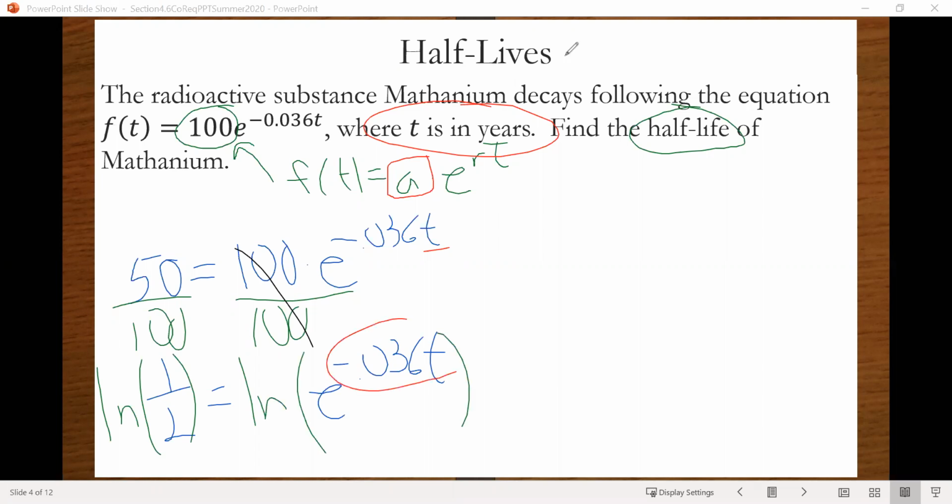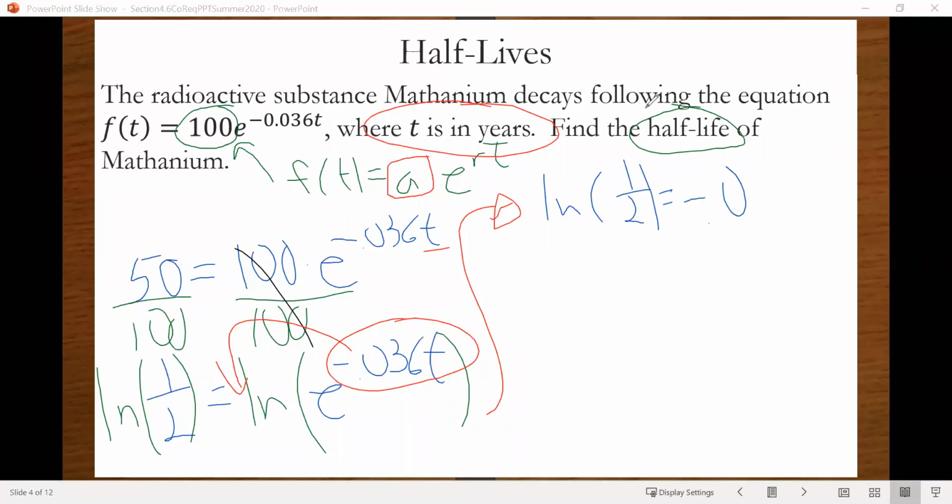When we do that, we can move our exponent out to the front. So we'll now have ln of 1/2 equals negative 0.036t times ln of e. But recall, ln of e just equals 1, since ln is like log base e, so we're asking to what power do we have to raise e to get e, and the answer is 1. So this really just becomes 1 times negative 0.036t, which is just negative 0.036t.